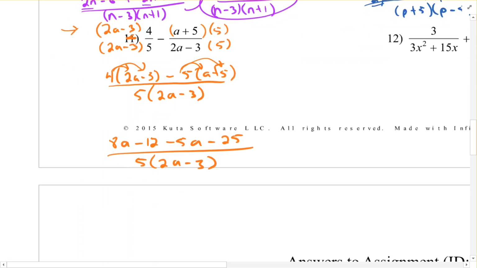Collecting my like terms, I've got 8a minus 5a, that's 3a. And then I've got negative 37, or minus 37, over 5 times 2a minus 3.